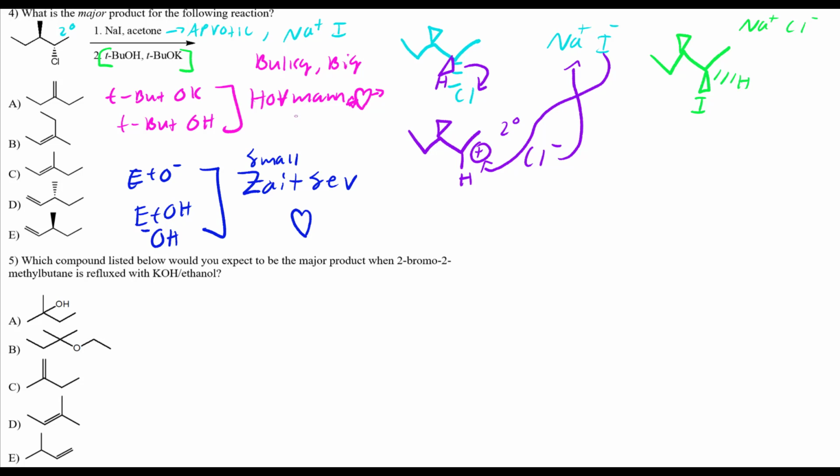Your small bases and nucleophiles are going to give you Zaitsev, like sodium hydroxide or potassium hydroxide, OH, ETOH, ETO, right? Since we're working with t-butyl, we're going to expect Hoffman. Okay, so what happens here is that we're going to do an elimination reaction. And so this iodine breaks off, and we form this right here.